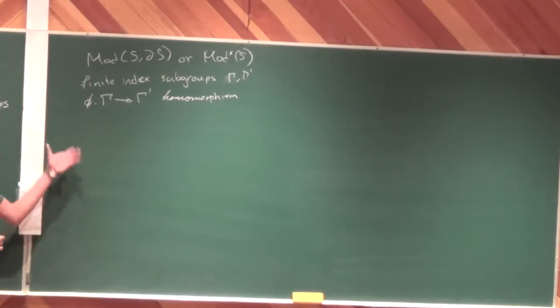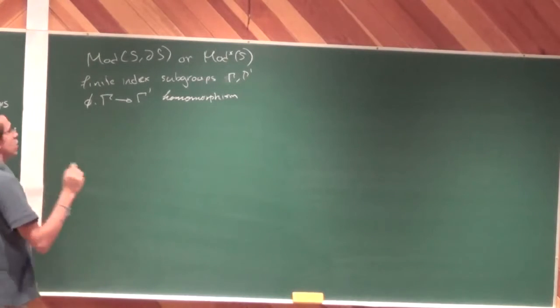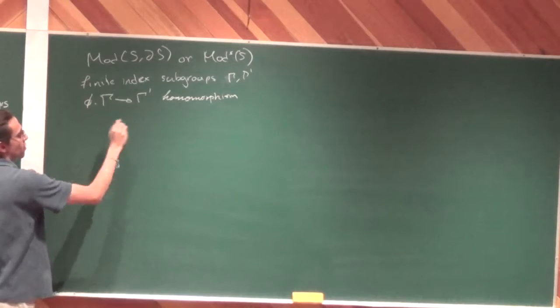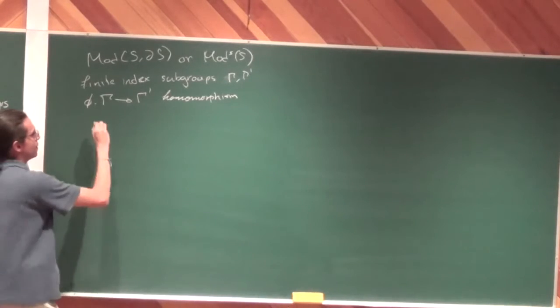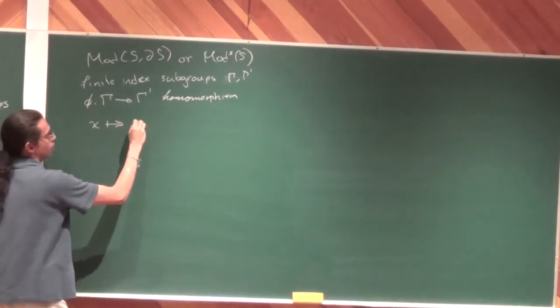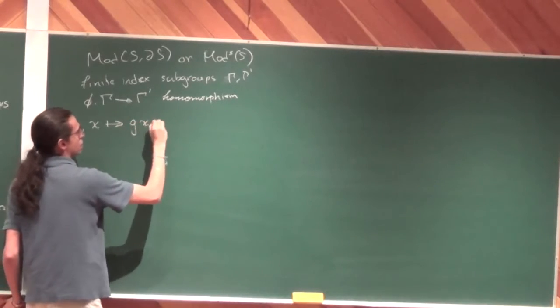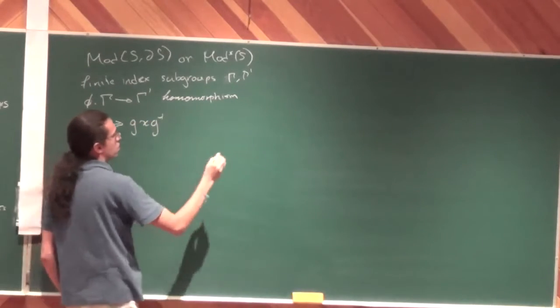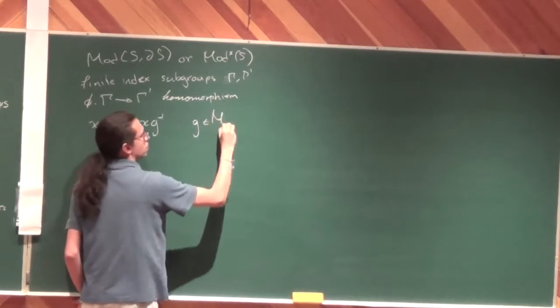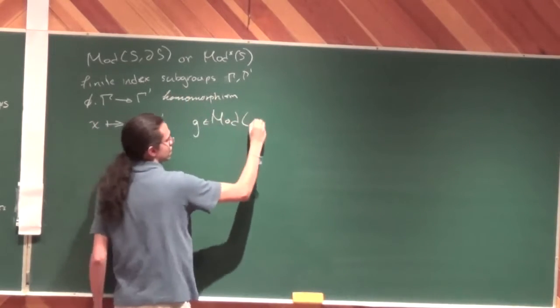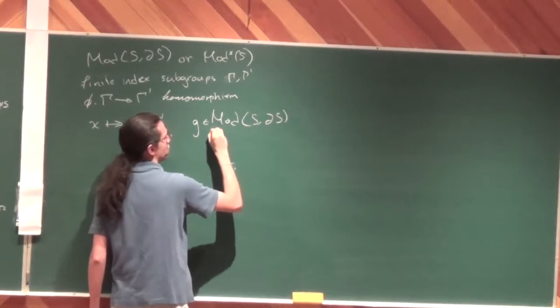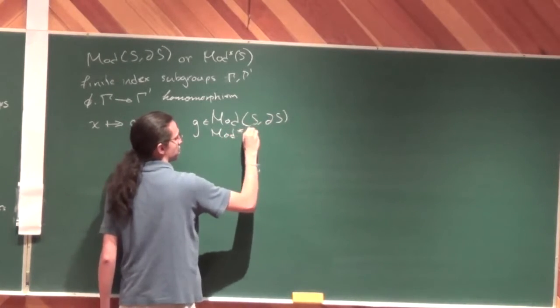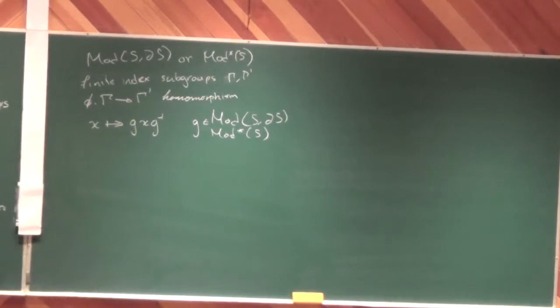And in most cases, not in every case, you will see that this homomorphism can be given in the following way: conjugation by g, inverse, where g is an element of either Mod S or the extended mapping class group. It's not the same. It's similar, but it's not the same.